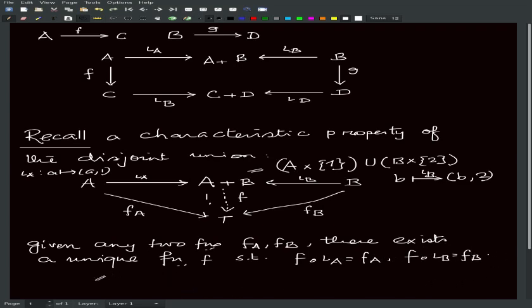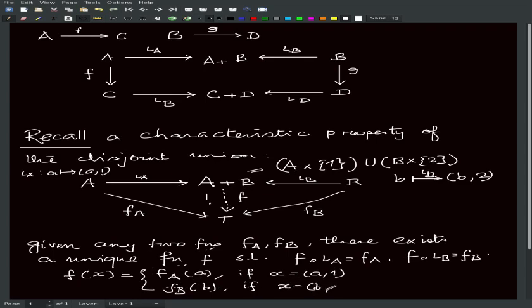So remember this, right? And how did you define this function? Well, Fx is equal to Fa of A if x looks like this, and this is Fb of B if x is looking like this. Okay? So explicitly we constructed this set A plus B, and we know that it has this characteristic property.